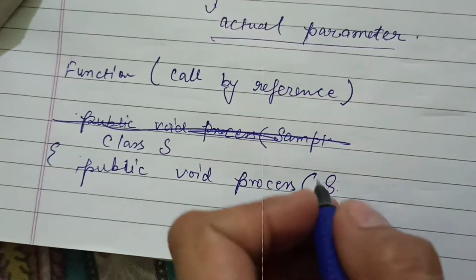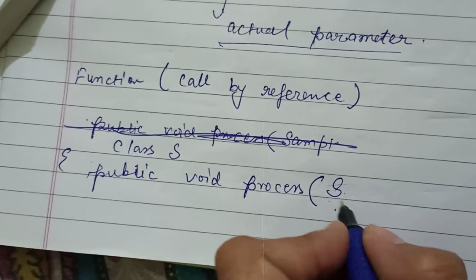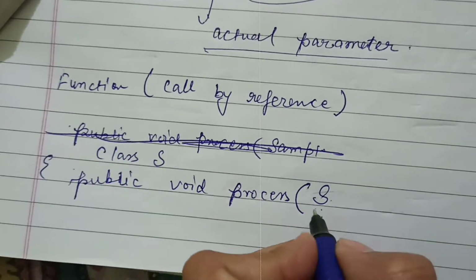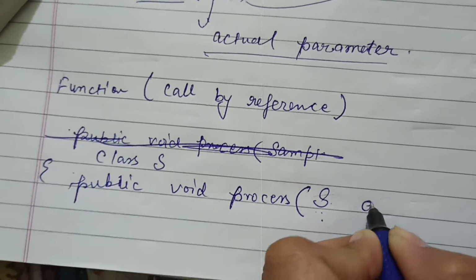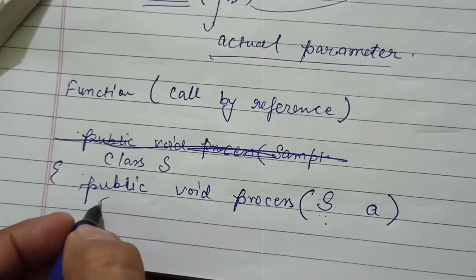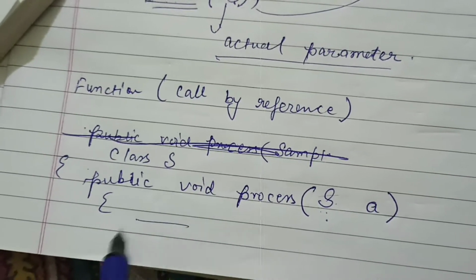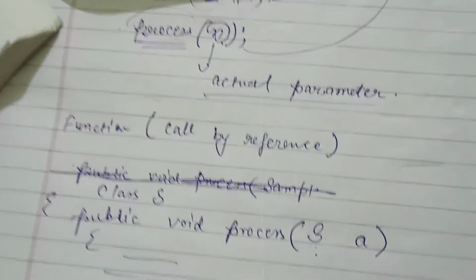We can pass formal parameters by passing the class name with the object, and the rest remains the same.